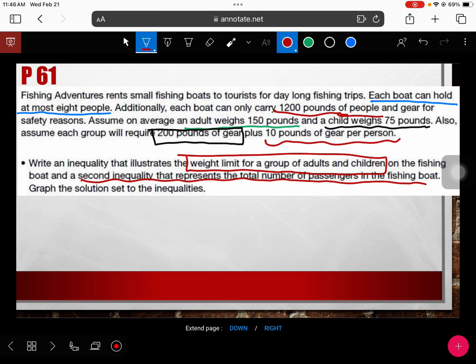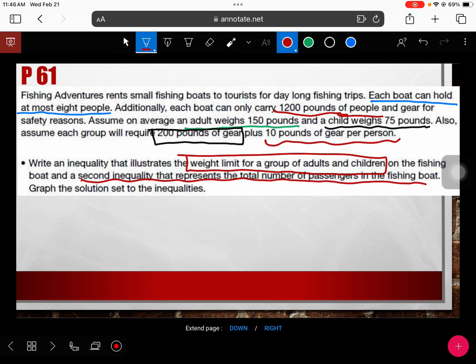Adults on average weigh 150 pounds. Children weigh 75. Each boat has to take on 200 pounds of gear, like your life jackets, maybe some rope, and 10 pounds of gear per person. Write an inequality for the weight limit for a group of adults and children, and a second inequality for the total number of passengers.